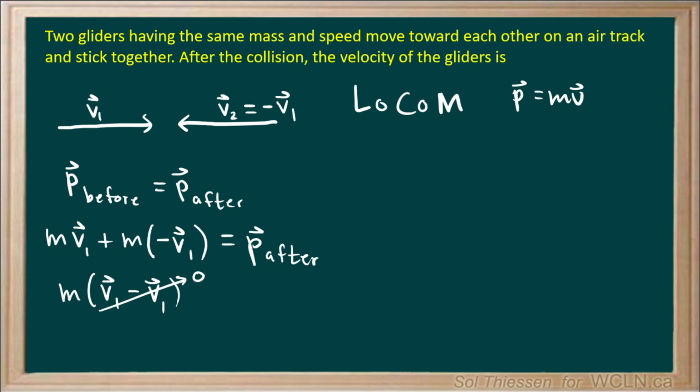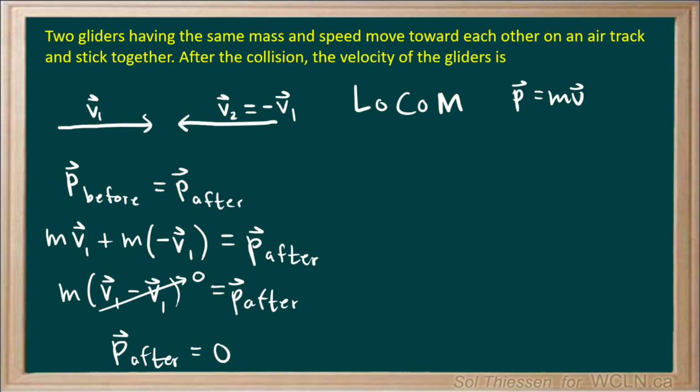And this in brackets will be equal to 0. And if the bracket is equal to 0, then we'll have mass times 0, which is equal to 0. So we end up with the momentum after the collision of the entire system must be equal to 0.